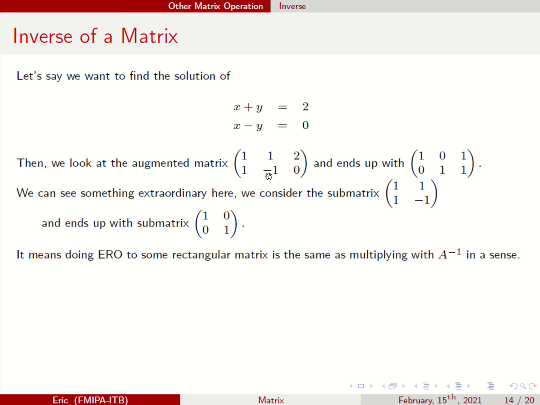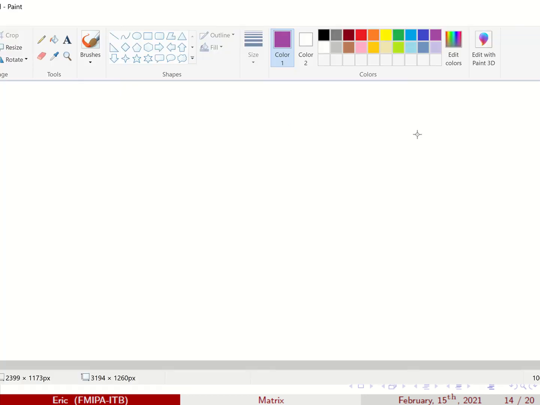If you have the identity matrix [1 0; 0 1] and you use the same elementary row operations, it will end up with A inverse. Why? Because if you have the identity times any matrix, it will become that matrix. So identity times A inverse becomes A inverse.